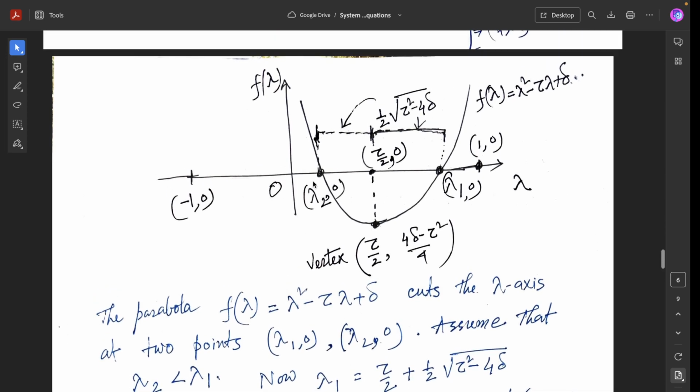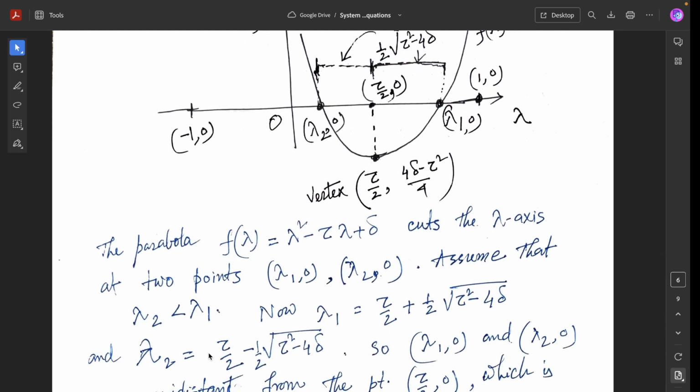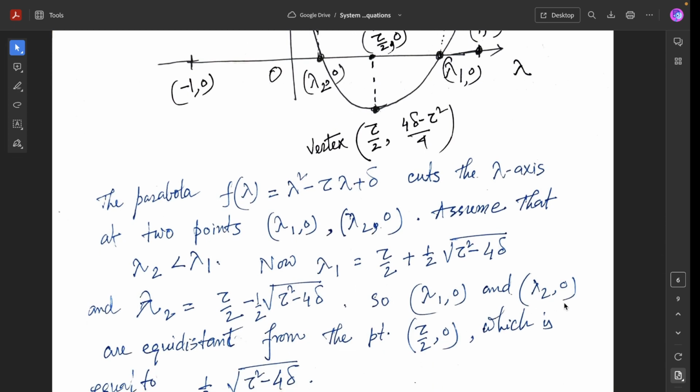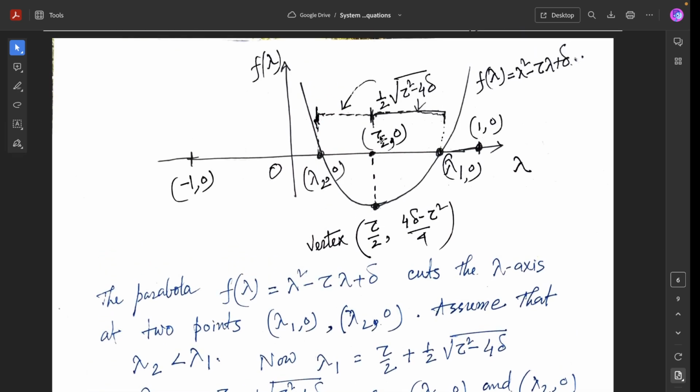Assume that λ2 is less than λ1. Then λ1 = τ/2 + (1/2)√(τ² − 4δ), and λ2 = τ/2 − (1/2)√(τ² − 4δ). So (λ1, 0) and (λ2, 0) are equidistant from the point (τ/2, 0).